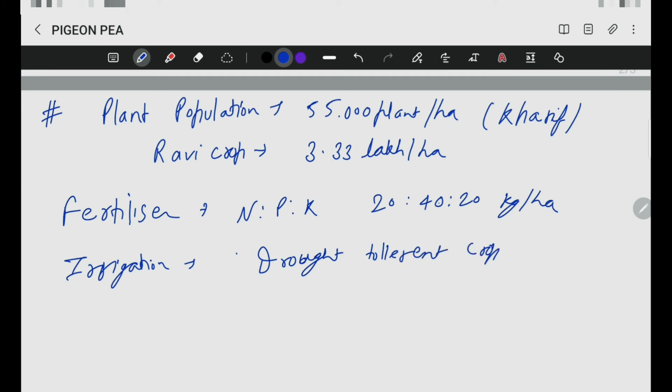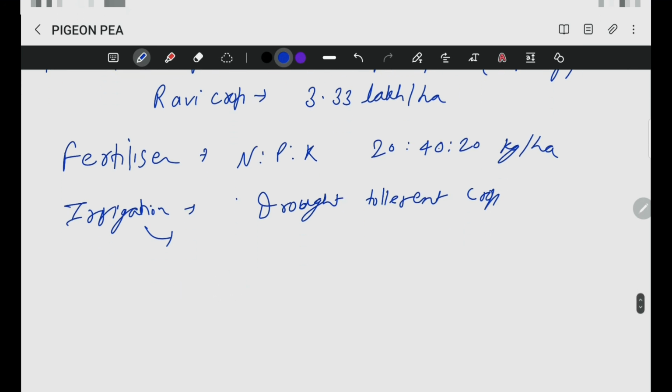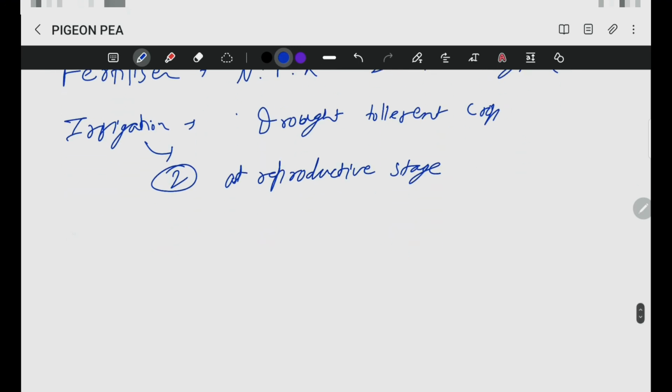Drought tolerant crop mostly depends on rain. Still, if someone wants to irrigate it, then it should be provided with 2 irrigations at reproductive phase. Reproductive stage.